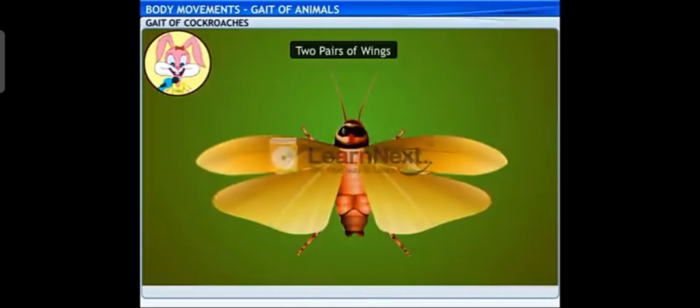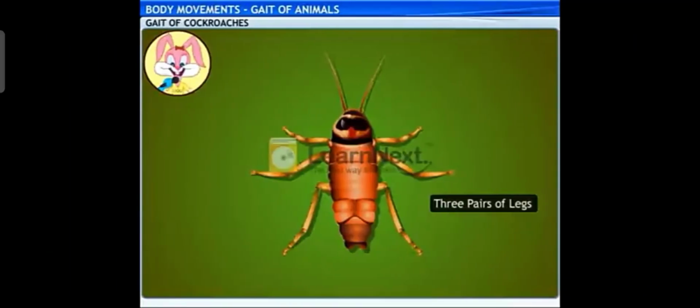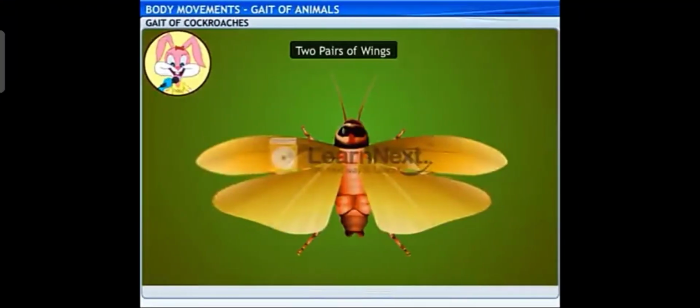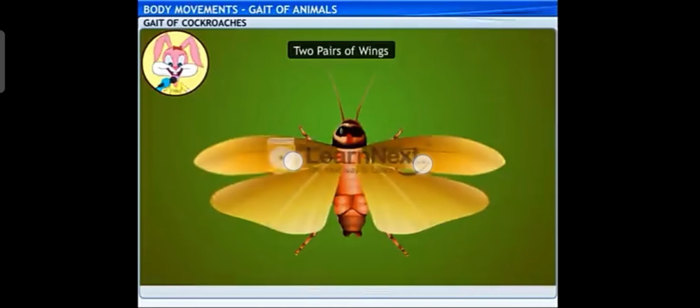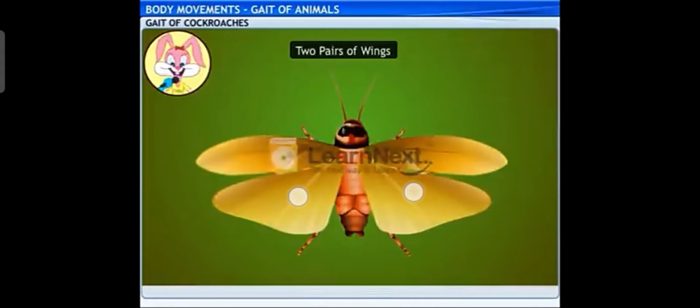And you can see these legs are connected to the body with hard, strong muscles on the side of the body. Then you can see there are two pairs of wings on the cockroach's body, which means four wings, two on the front and two on the back.